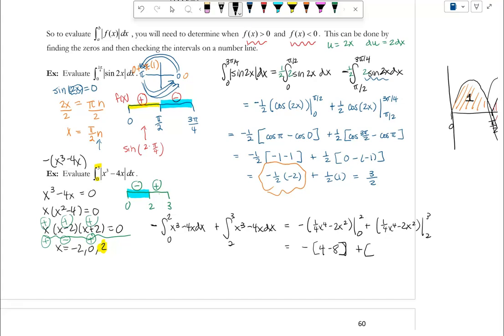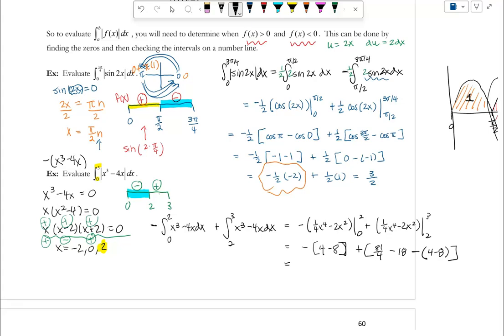So let's see, 3 to the 4th is 81. So 81/4 minus 3 squared, so 9 times 2, so minus 18. Minus, when I plug my 2 in, we already know that we're going to get a 4 minus 8. So that was the first thing we did.